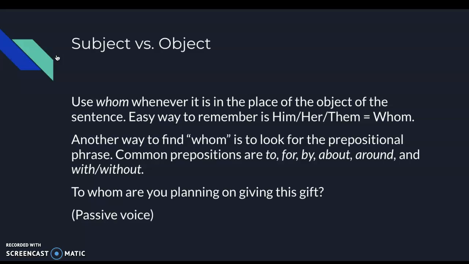So if it's to, for, by, about, around, with, without, in, below, above, things like that, those are all prepositions. And the noun that follows the preposition 99% of the time is the object of the preposition. And also, too, you will never find the subject of a sentence in a preposition.